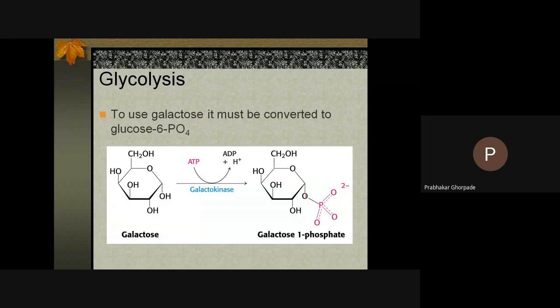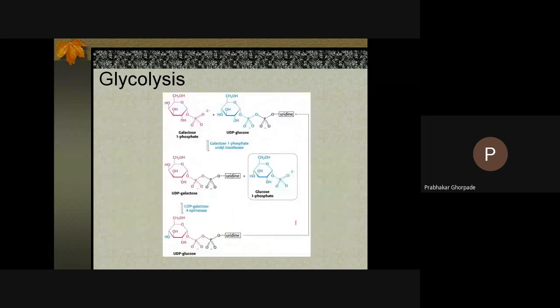Now we have another molecule, the 6-carbon galactose molecule. We need a galactokinase. Kinase involved means an ATP phosphate has to be incorporated into galactose. After the galactokinase reaction, we get galactose 1-phosphate. Now what happens with galactose 1-phosphate?